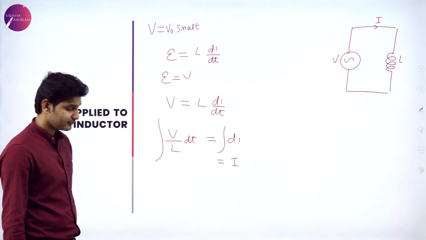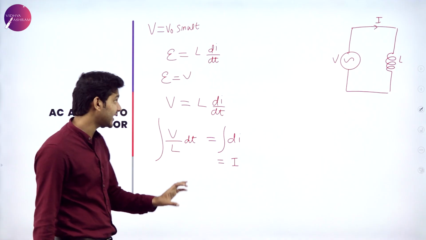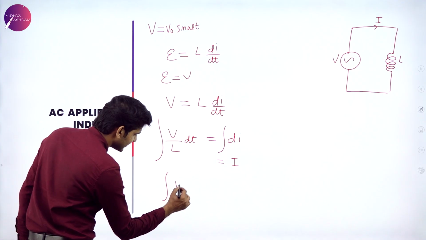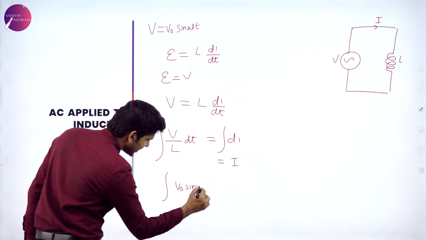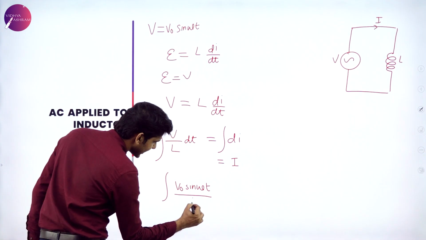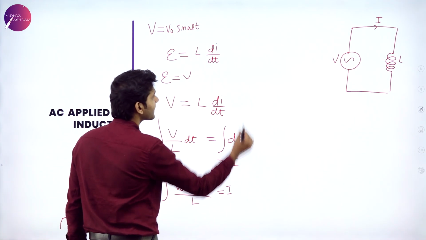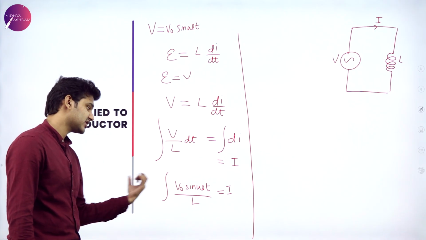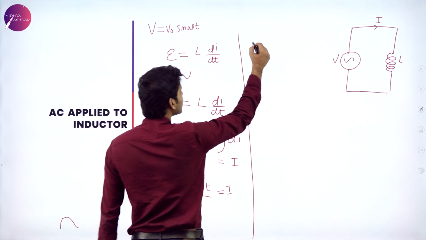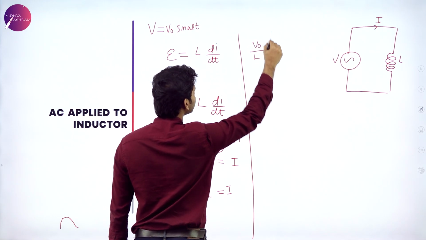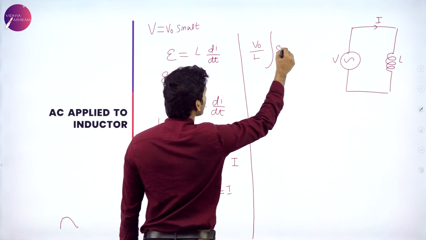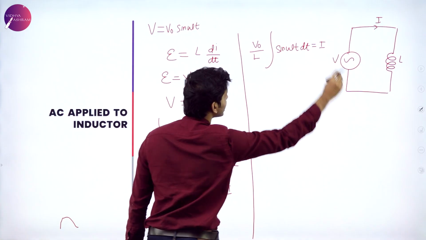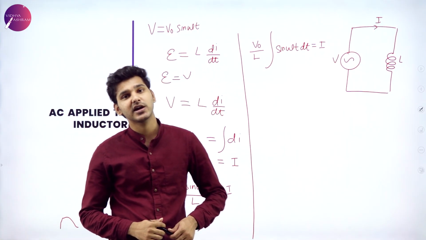And on the left hand side, if I make one small substitution, V is equal to V naught sine omega t, I can write this as the integral of V naught sine omega t divided by L is equal to I. Now again, L is a constant, V naught is a constant, they come right outside. So I can write V naught divided by L integral sine omega t dt is equal to I. Now, what is the integral of sine omega t dt?